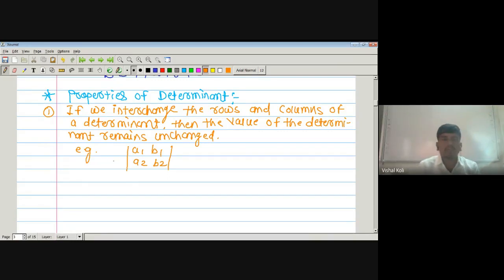That is, suppose this is D, and D dash has the first row as the first column and the second row as the second column. This property says that there is no effect on its determinant value. Let us check.